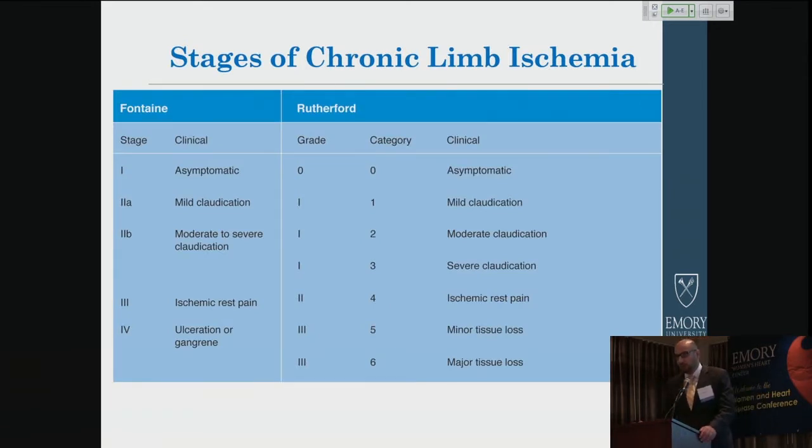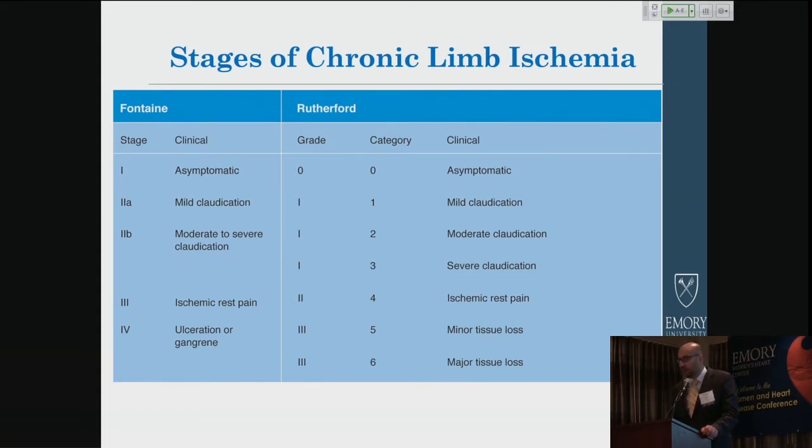To start, let me broadly identify how we define peripheral arterial disease and how we look at its stages as it occurs in patients. Peripheral arterial disease is defined as occlusion or restriction of lower extremity blood flow, usually as a result of atherosclerotic plaque burden accumulation.